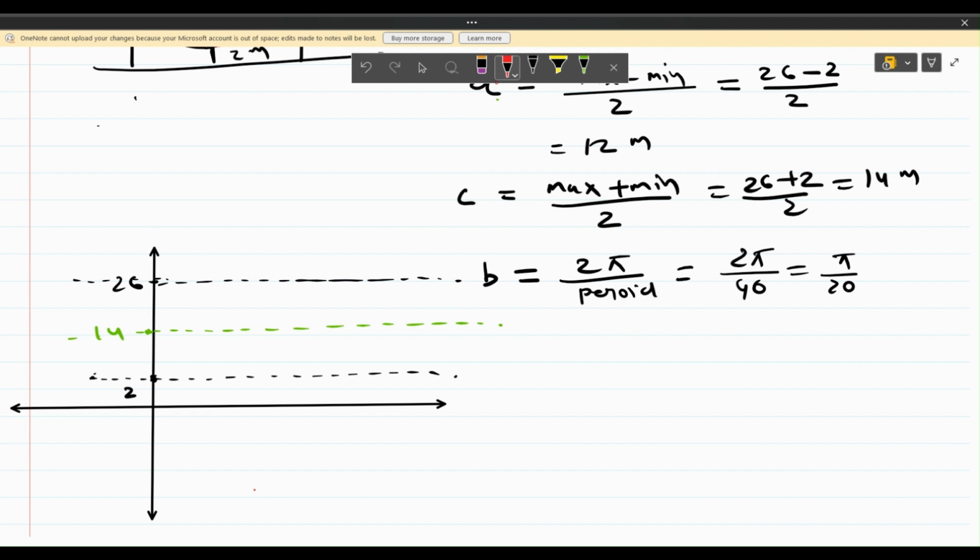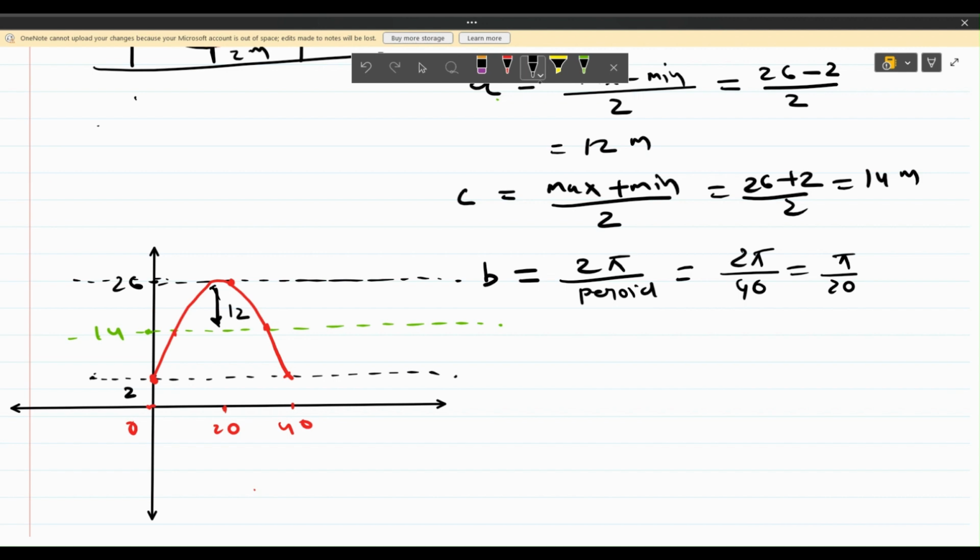The motion of the Ferris wheel starts from 2 meters above the ground, and after 40 seconds it comes back to the same position. In between, at 20 seconds it will be at the top, and it will be at 14 between 0 and 20 and between 20 and 40. When you join these points, you get a sinusoidal curve, where you can see the amplitude of the graph from 14 to 26 is 12.